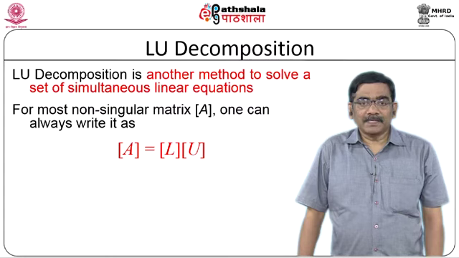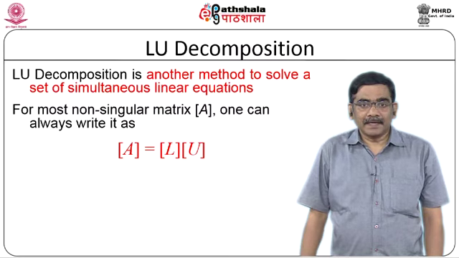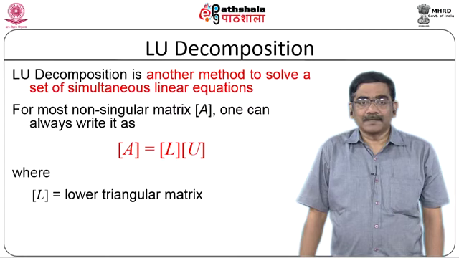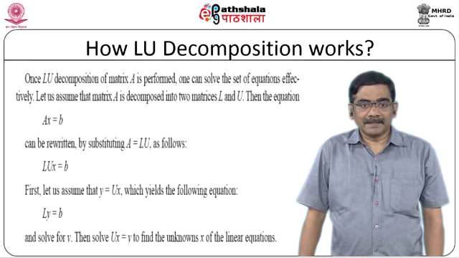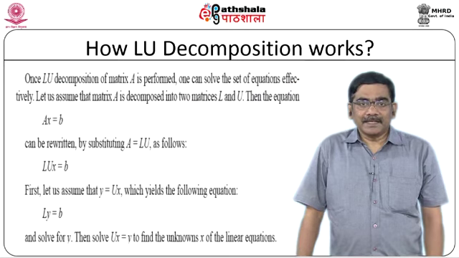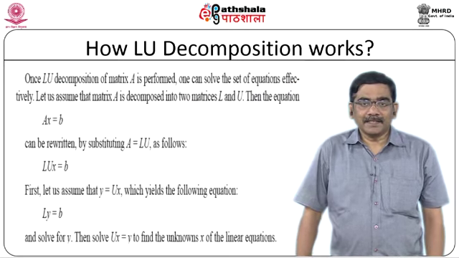In other words, the matrix A can be represented as the product of two matrices, the lower and upper matrices. L is going to be the lower triangular matrix and U is going to be the upper triangular matrix. What is the advantage of this? The advantage is very simple.